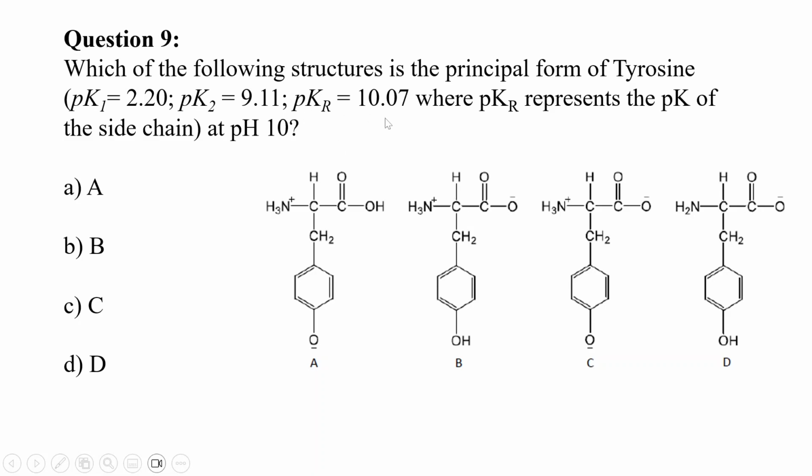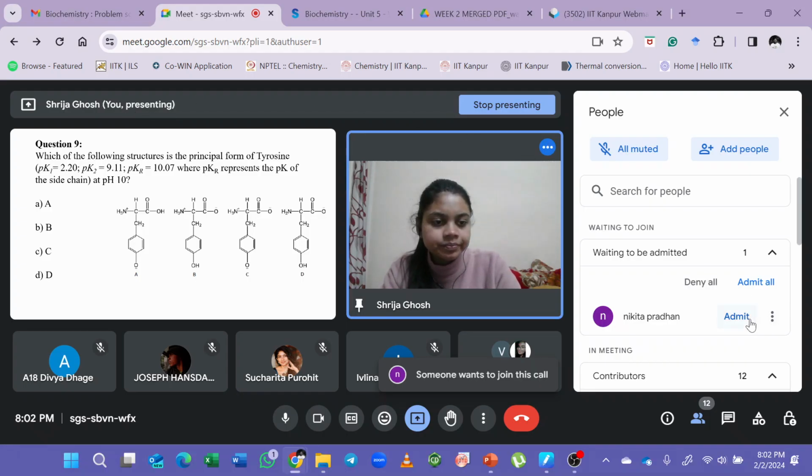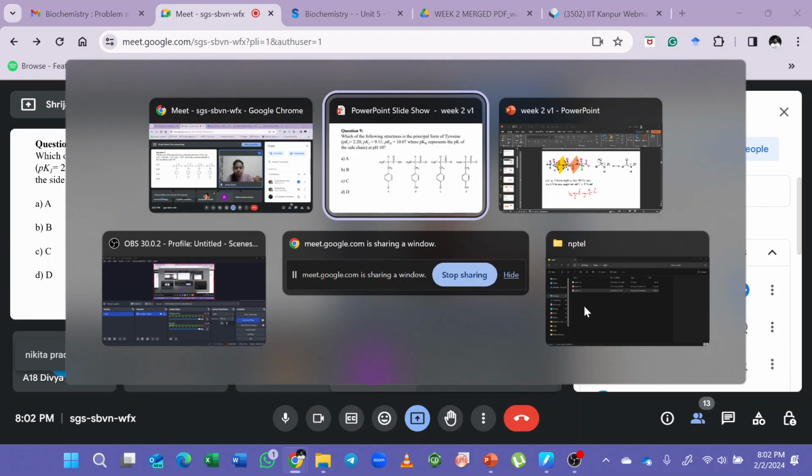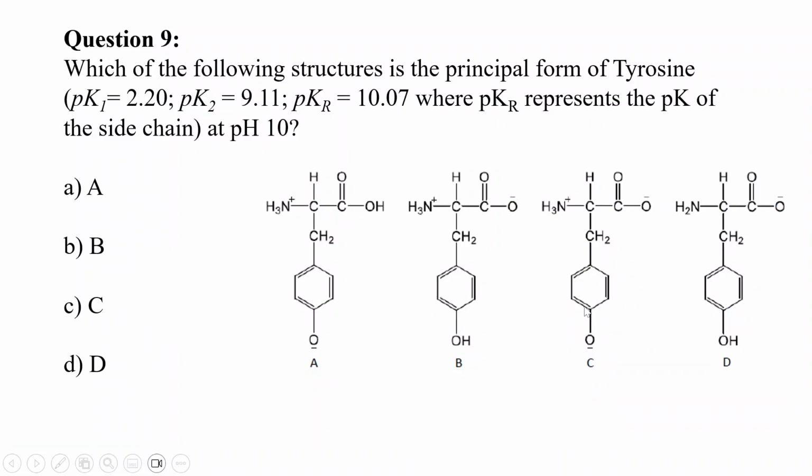The pK value for the R group, the pK value for the amino group, and the pK value for the acidic group, that is the carboxylic group, are given. How do I know if it is the value for acid or base? The pH scale is basically from 1 to 14.